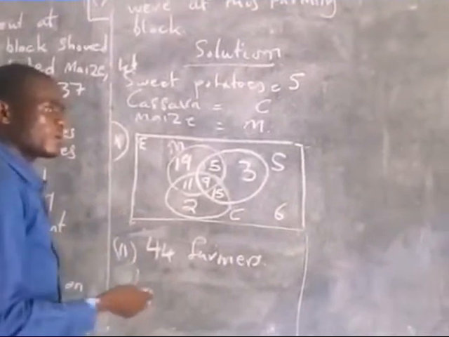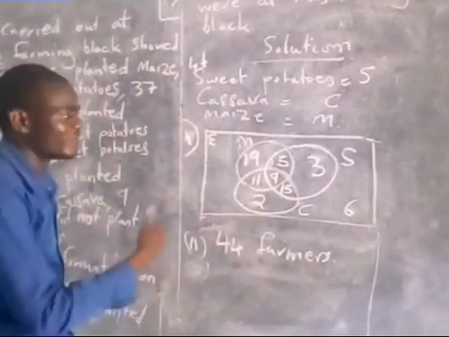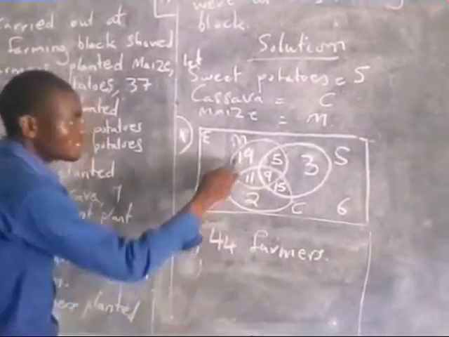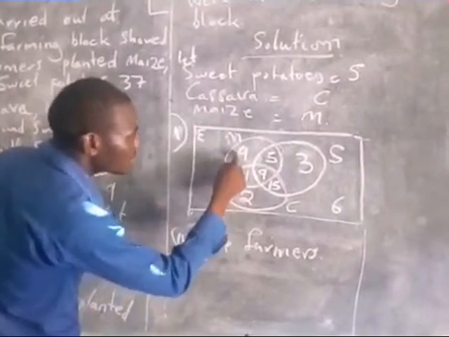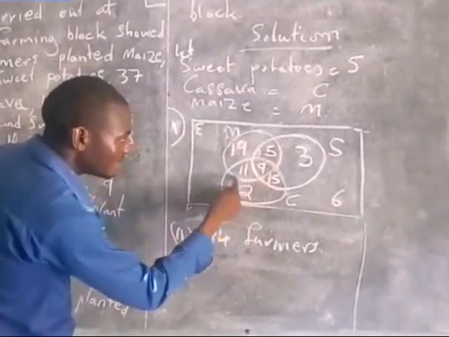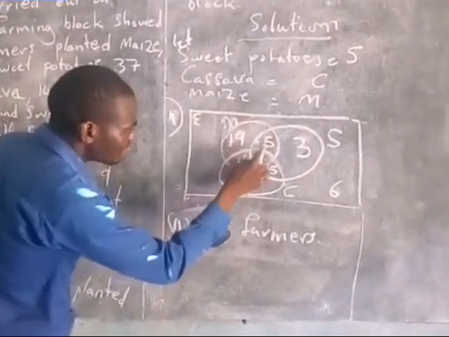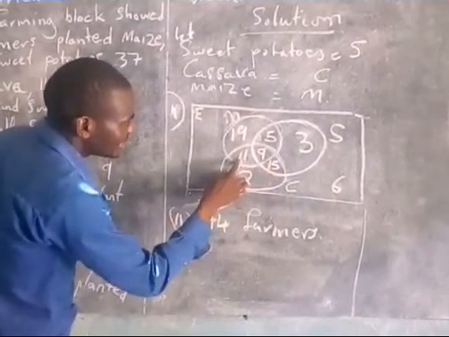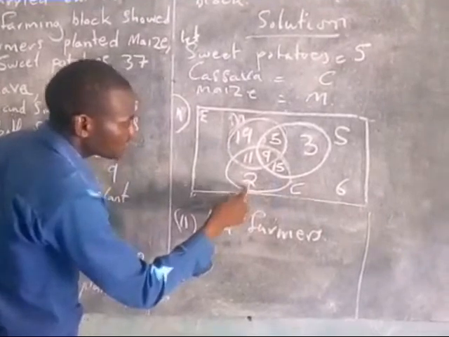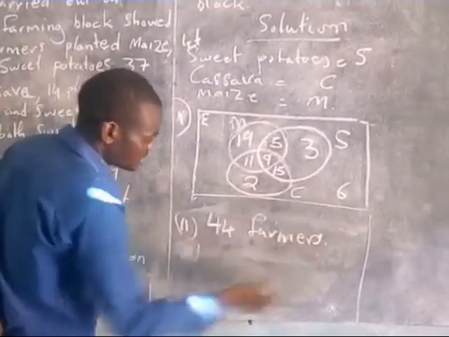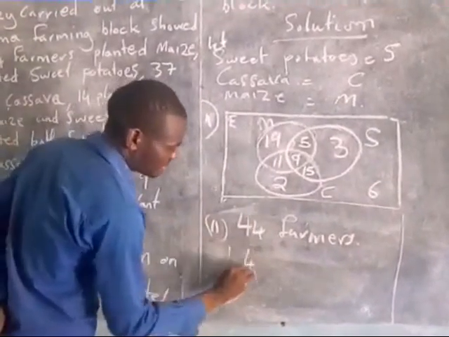There are some people who were at the farming block, but they never did any farming of any crop. So we can add these things. We need to add the whole set of maize. The set of maize is 19 plus 5 plus 9 plus 11, then plus 3 plus 15 plus 2, including this one who did not do anything. So we have 44.